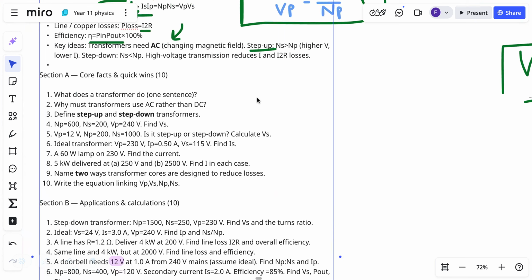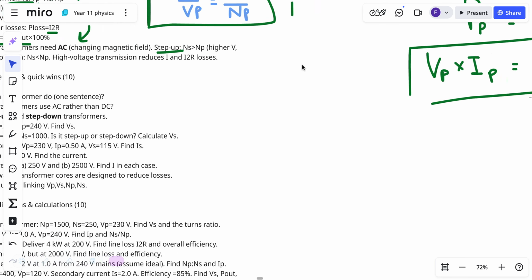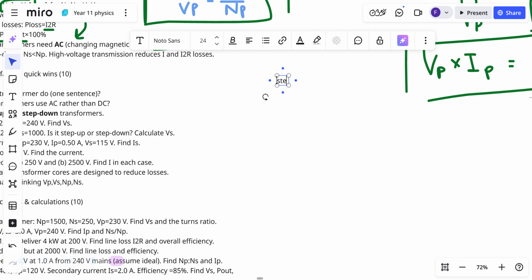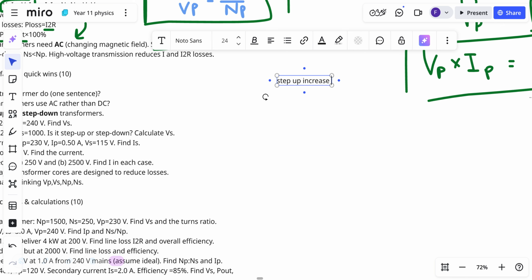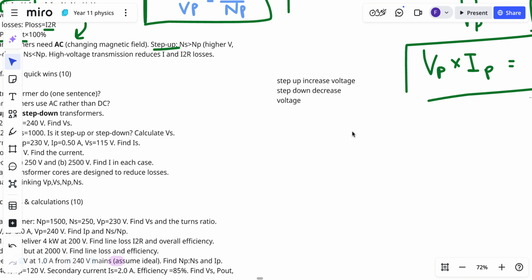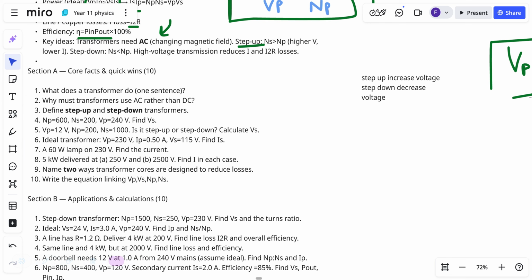Step up, increase voltage. Step down, decrease voltage. So that's it. You use the formulas to do your calculations.